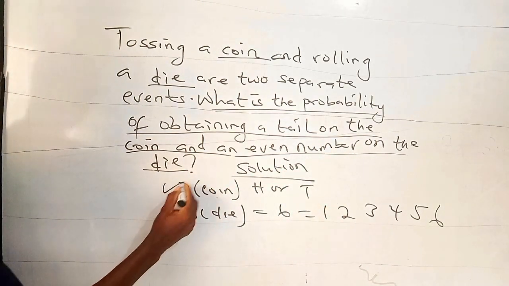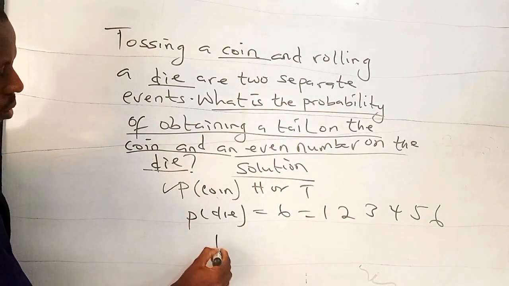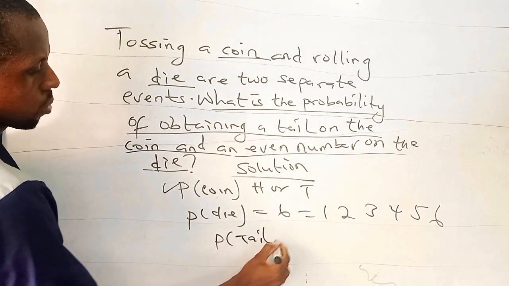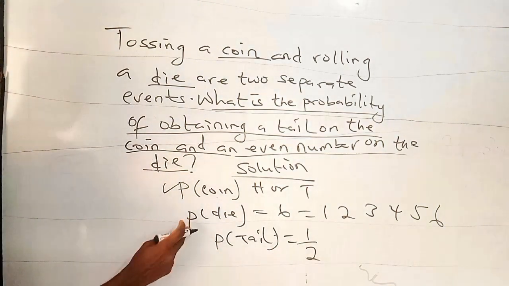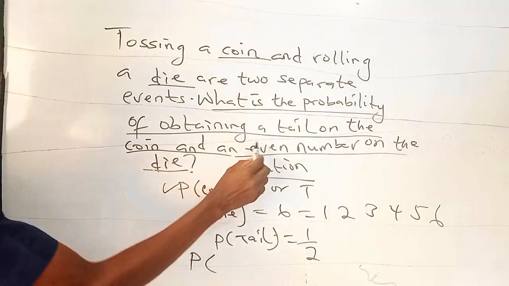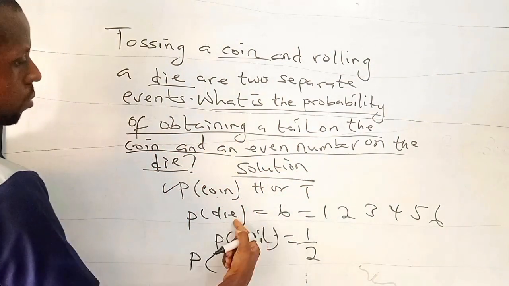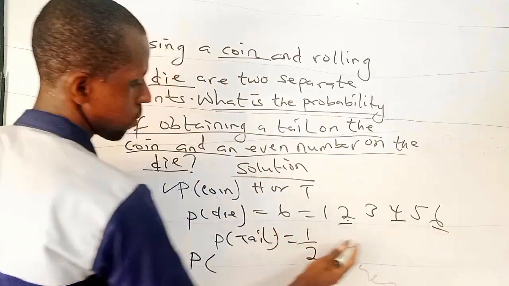So we have to figure out the probability of obtaining a tail from a coin, which is just 1 over 2. Either we have the head or the tail. And the probability of obtaining an even number from a die: the even numbers are 2, 4, 6, that is 3.